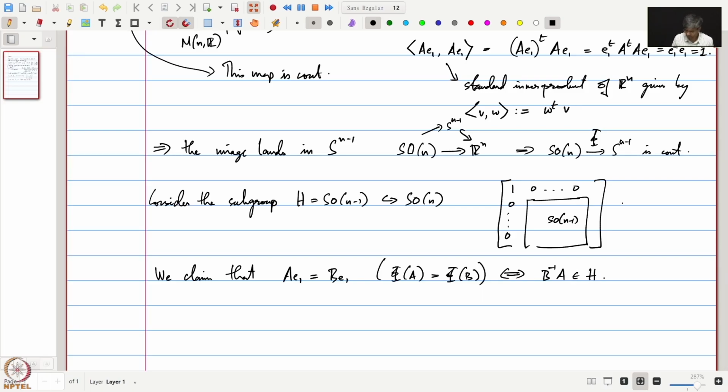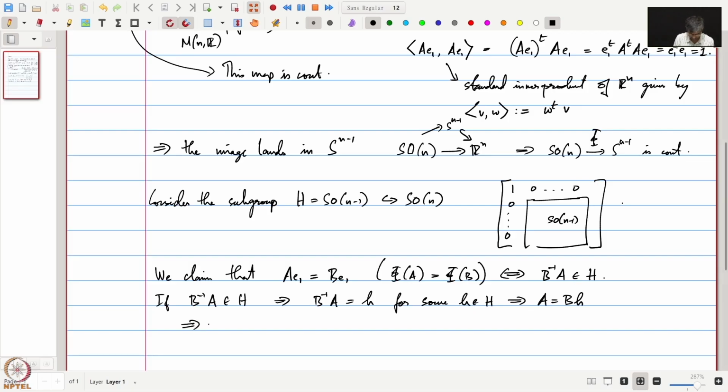Okay, so let's check this. If B inverse A is in H, then B inverse A is equal to h for some h in H. This implies that A is equal to B times h, simply by multiplying on the left with B. Now we apply both these on E1.